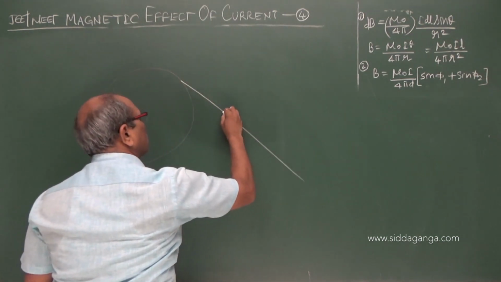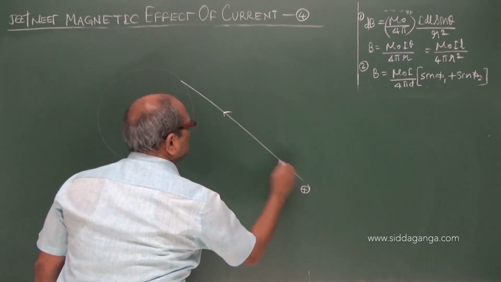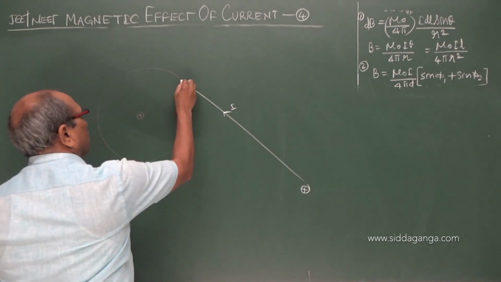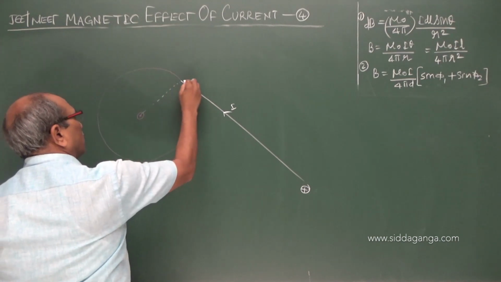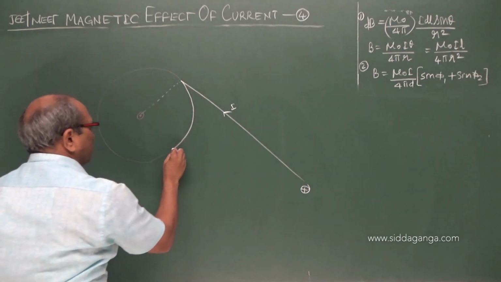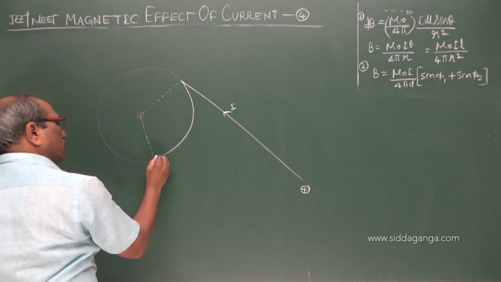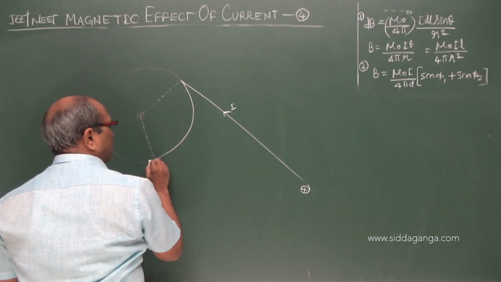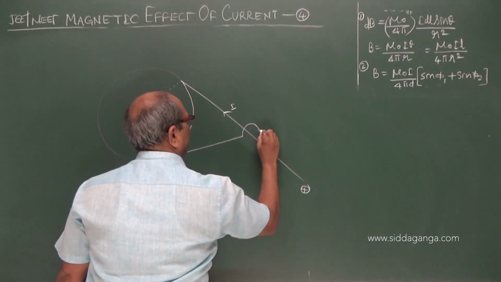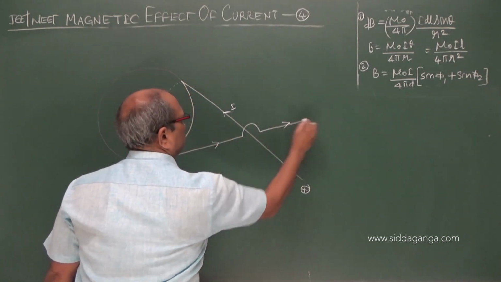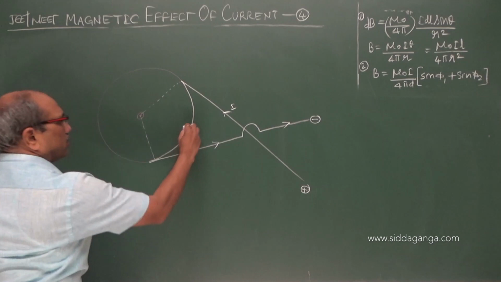This is the direction that current enters to this, and current flows like this in the other direction. And when coming to here, this again is a tangent carrying the current outward. Current is here.